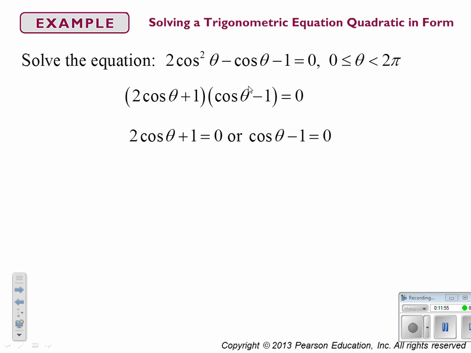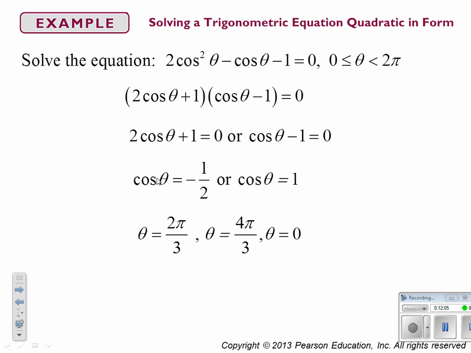Set each factor equal to 0. And we get cosine theta equals negative 1/2, or cosine theta equals 1. From our unit circle, we know cosine theta equals negative 1/2 at 2 pi over 3 and 4 pi over 3, and we know cosine theta equals 1 at 0.